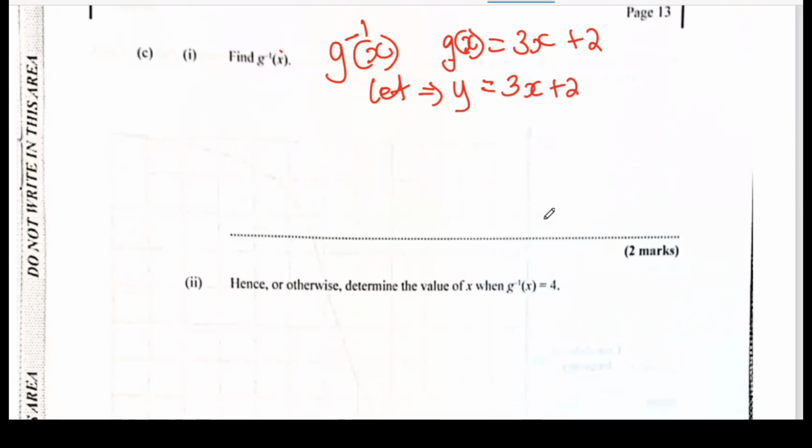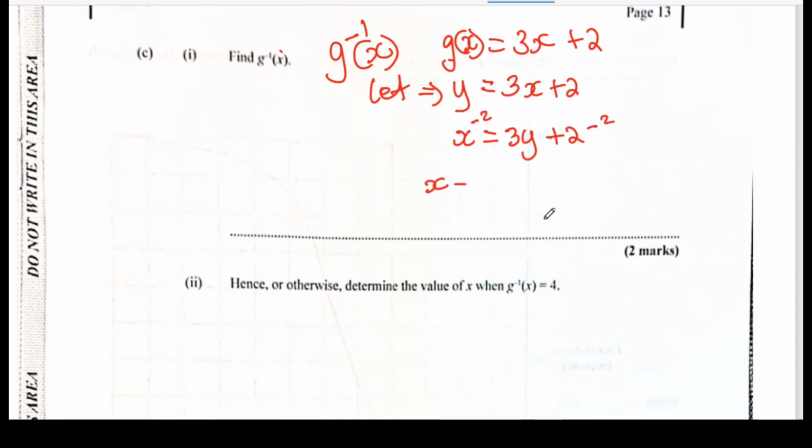But the idea behind an inverse is really built on the fact that an x and a y switch places. Are you okay with that? Yes, sir. So then you're going to switch literally: where x is you put y, where y is you put x. So x is equal to 3y plus 2. Transpose for the new y. So in isolating the y, we'll subtract 2, balance by subtracting 2.